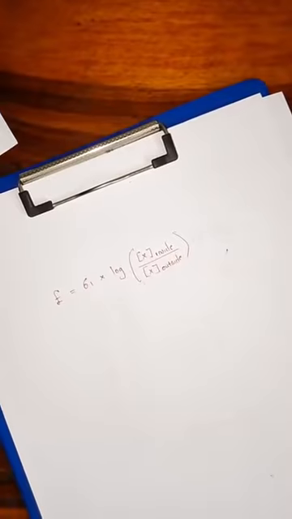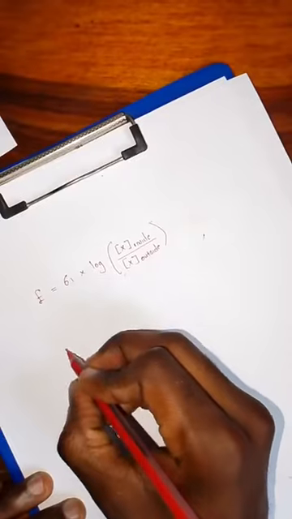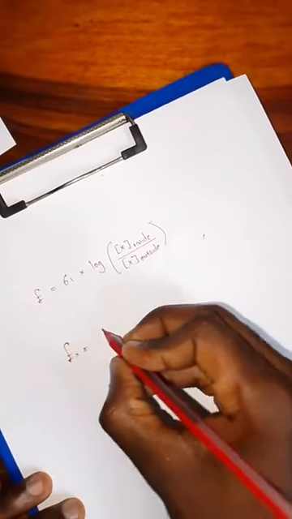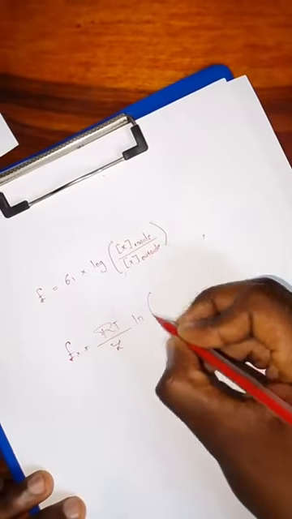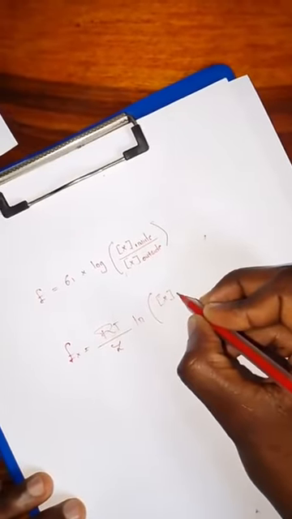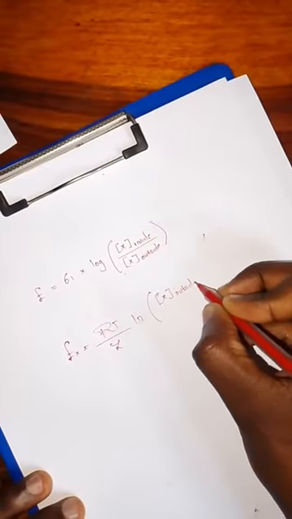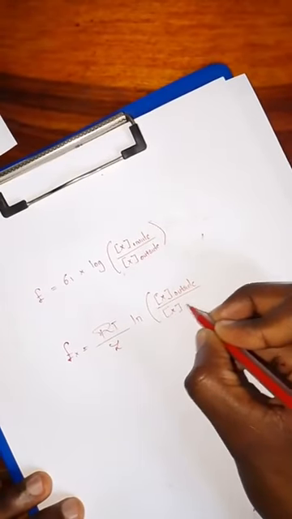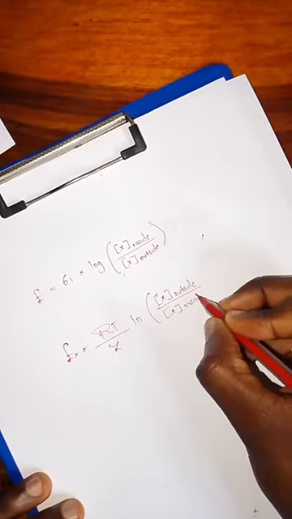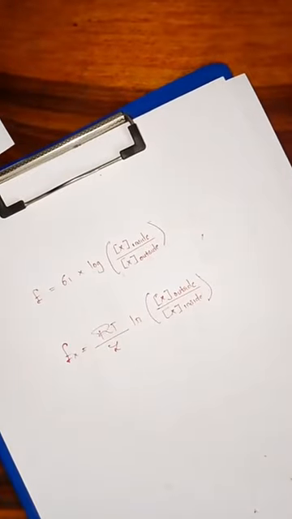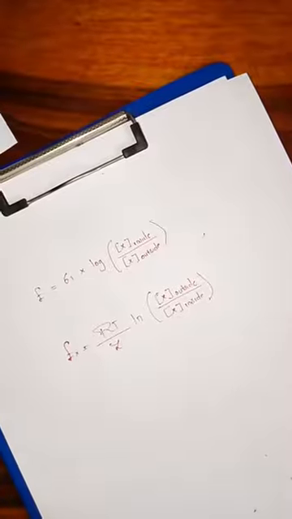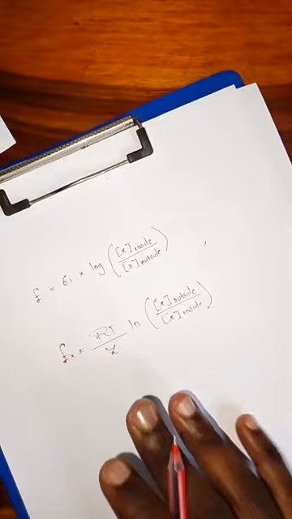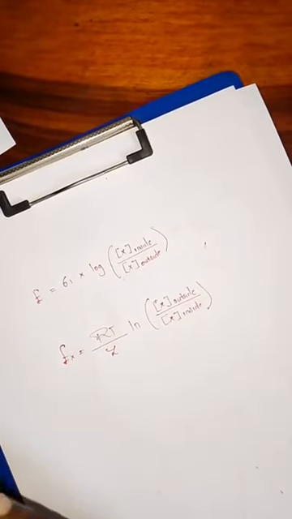Then in some other books, you will find it written as E equal to RT over Z, then the ln of the concentration of that particular ion outside over the concentration of that particular ion inside. As you can see, there is a different setup in how these formulas are written, but when you use them properly, they will give you the same answer.